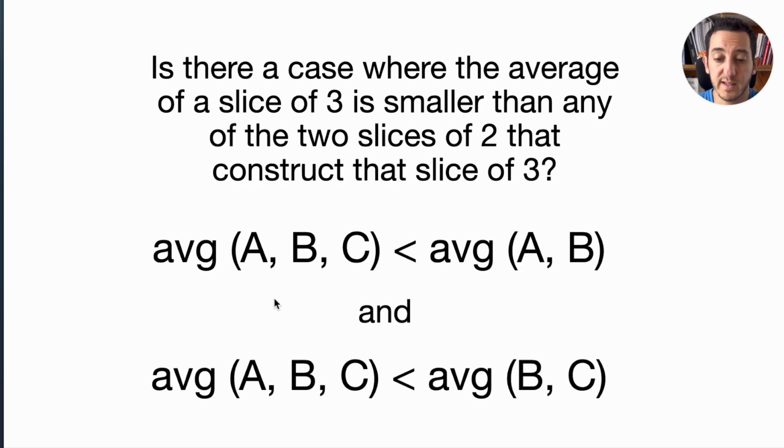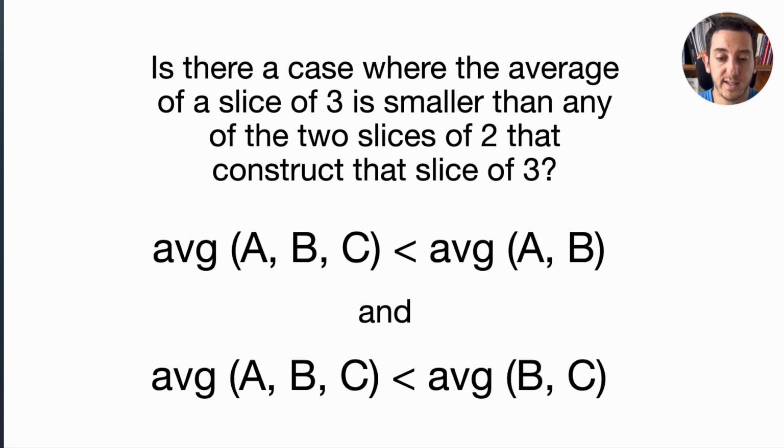So the question is, if the average of ABC is smaller than the average of A and B, and the average of A, B, and C is smaller than the average of B and C. I want to understand if there is a case that complies with this idea.